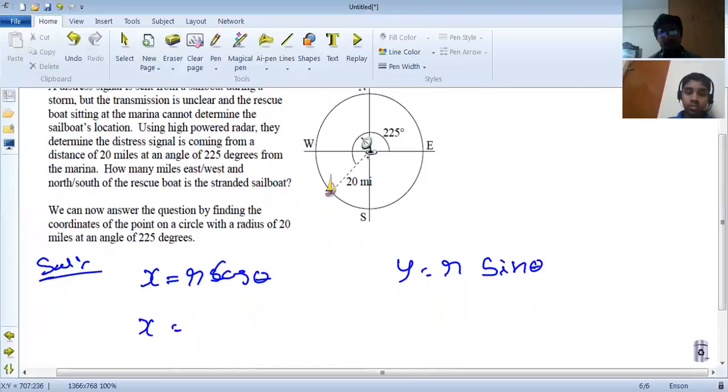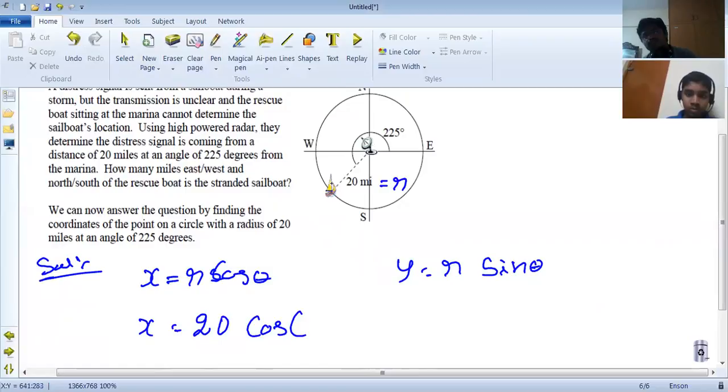How much radius are we having from the figure? 20 miles, right? From the given figure, the radius r is equal to 20 miles. One ship is traveling and this is the antenna. So from the antenna to the ship, which will be 20 miles, that will be the radius.